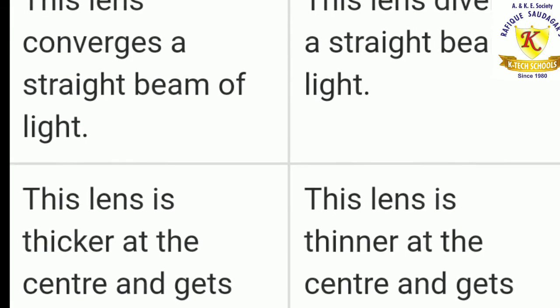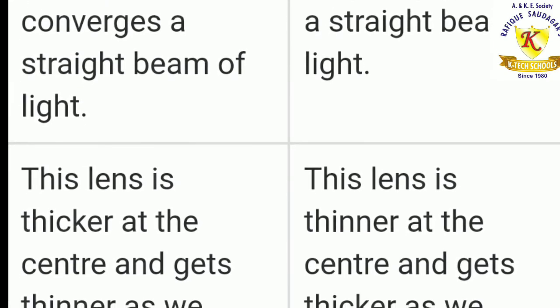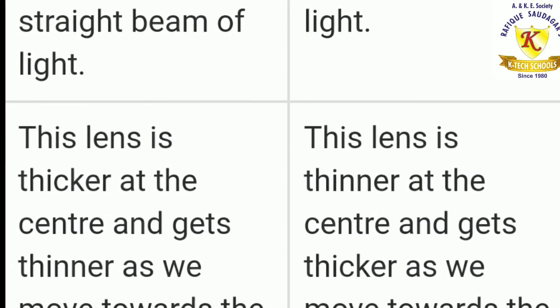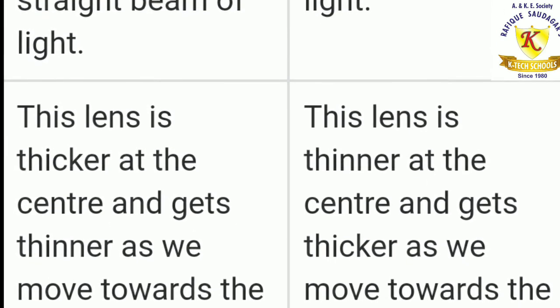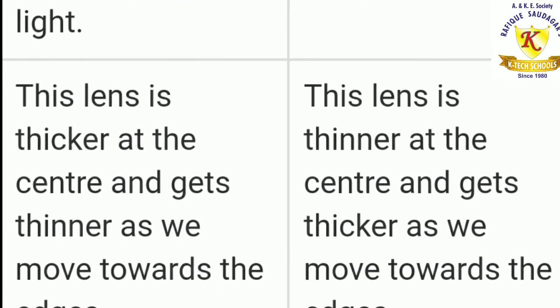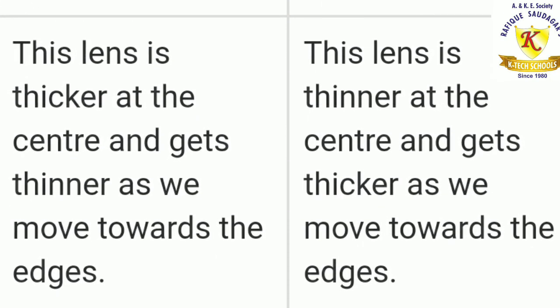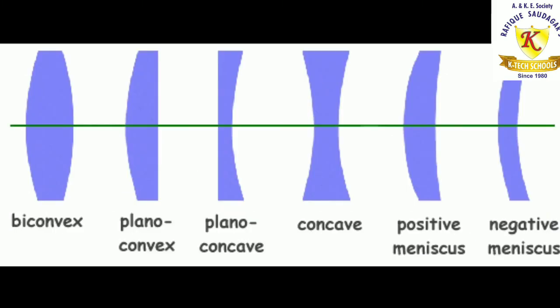Convex lens is thicker at the center and gets thinner as we move towards the edge, and concave lens is thinner at the center and gets thicker as we move towards the edges. Biconvex, plano-convex, plano-concave, concave, positive meniscus, negative meniscus. These are the different types of lenses.